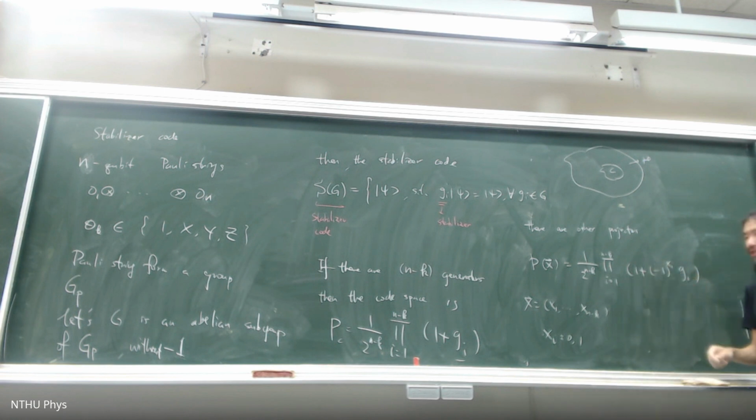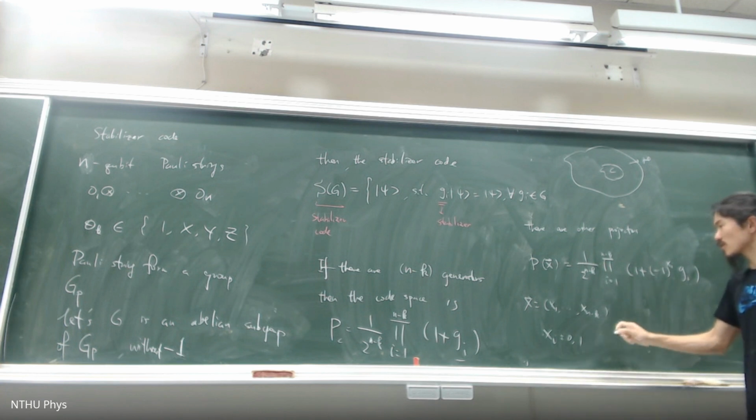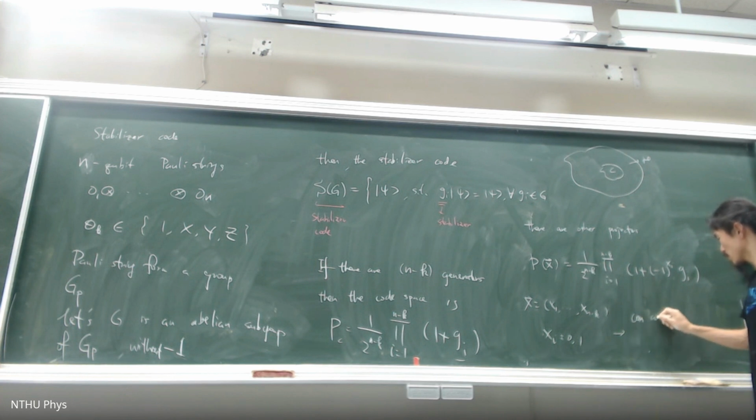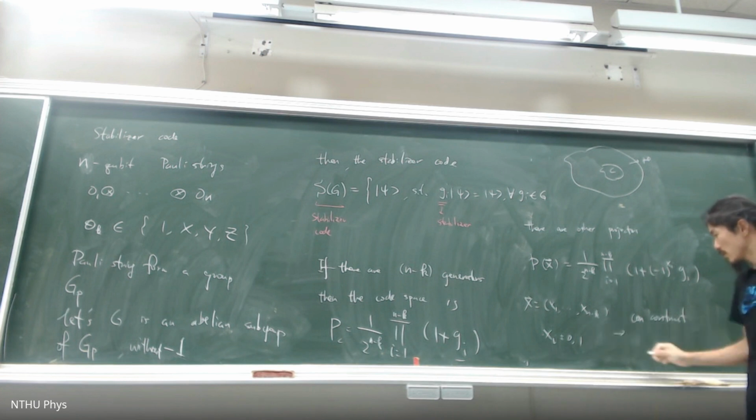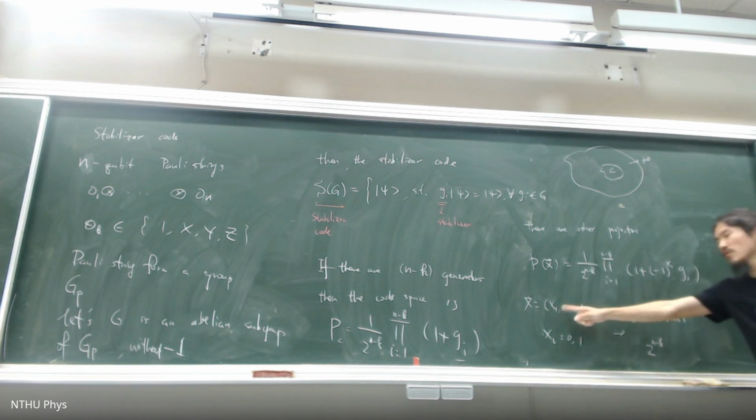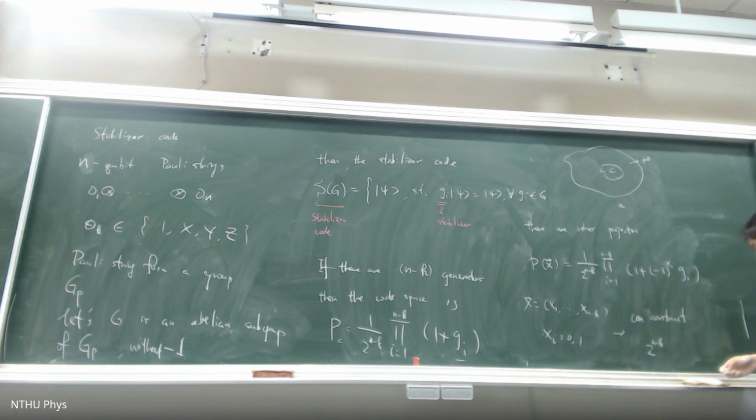Different vectors get different signs of the Gi. So you can construct 2 to the power n minus k projectors, because they have different combinatorial weights.